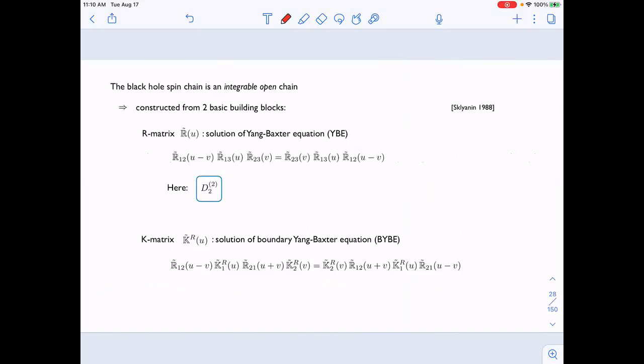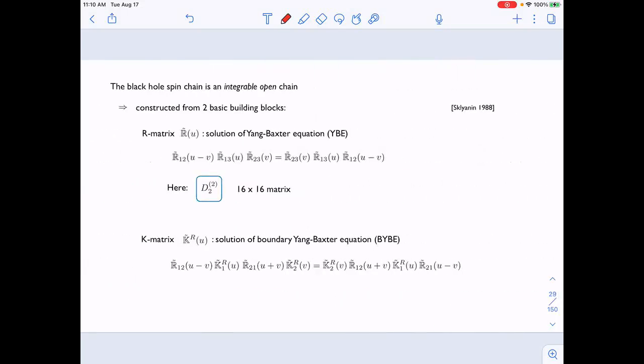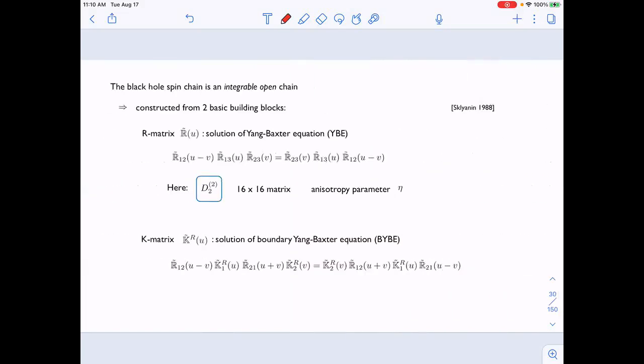Now, you probably haven't heard too much about this R matrix. I'll just say a little bit about it. At each site, the vector space is 4-dimensional. So this is a 16 by 16 R matrix. Of course, it's trigonometric, so it has some anisotropy parameter, which we'll call eta.